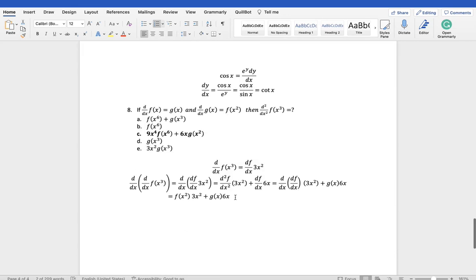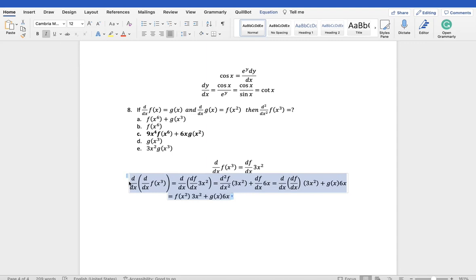Now you are given, right? This question was a bit tricky, but you had to use the chain rule. So we'll go through it slowly so everyone can follow. What are you trying to find here?